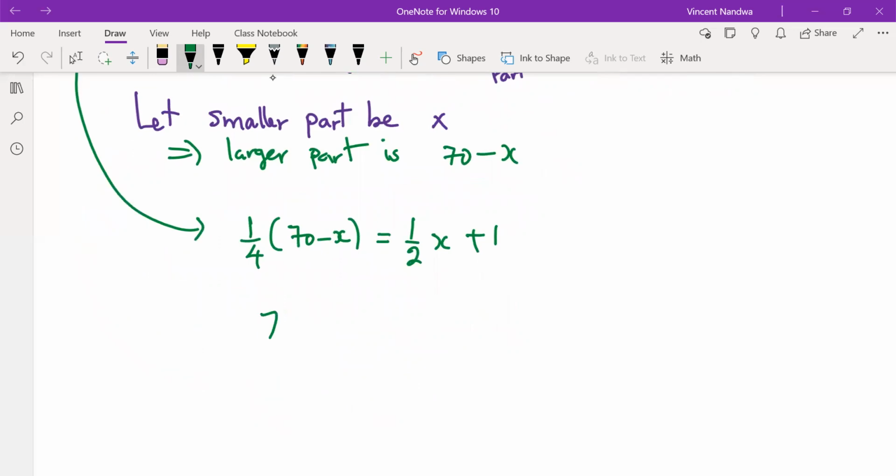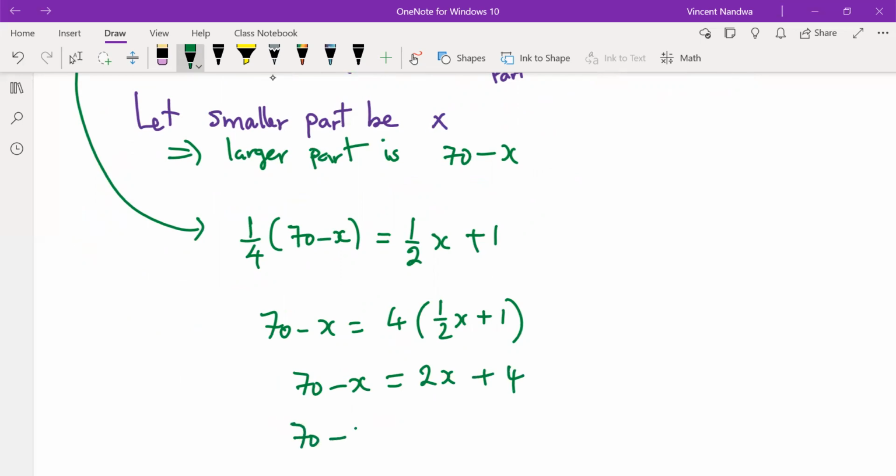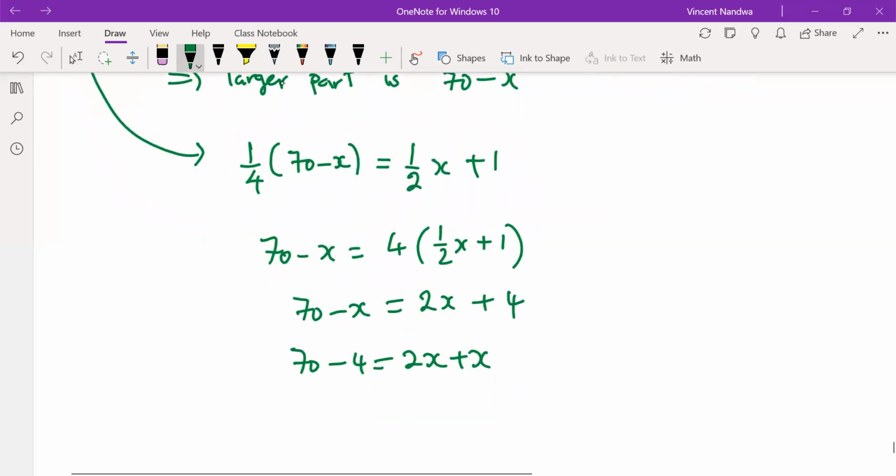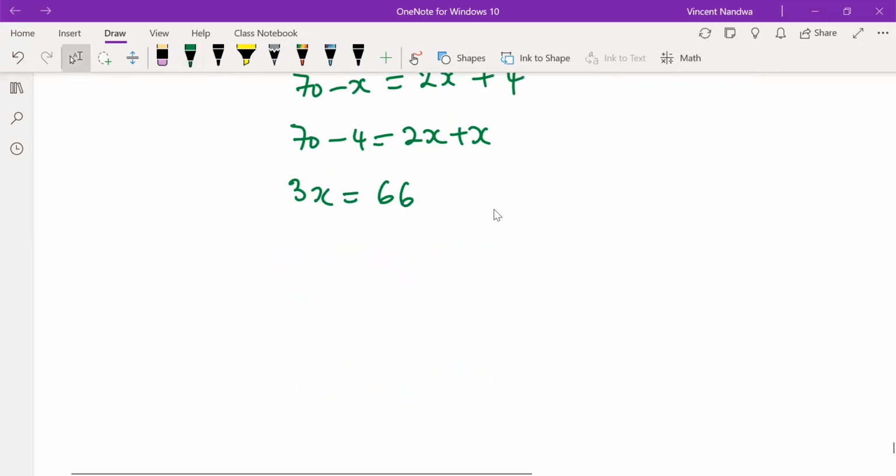So 70 minus X equals 4 times a half X plus 1. 4 times a half is 2, and 4 times 1 is 4. So we have 70 minus 4 equals 2X plus X. So 3X equals 66, which means X equals 66 over 3, which is 22.